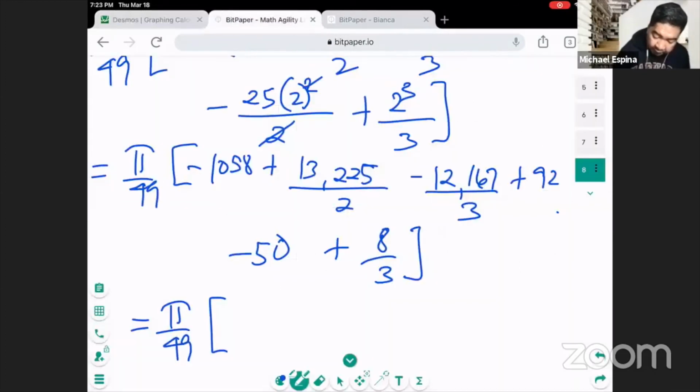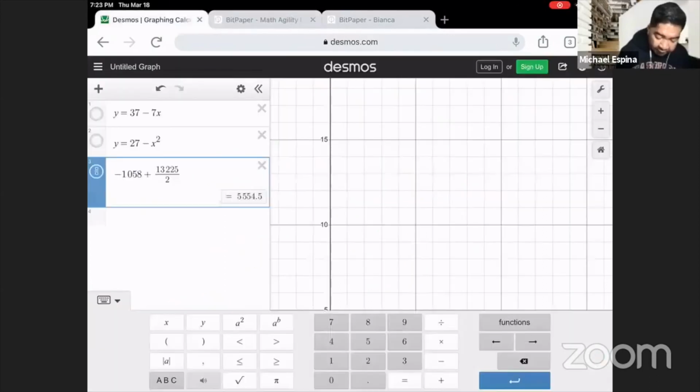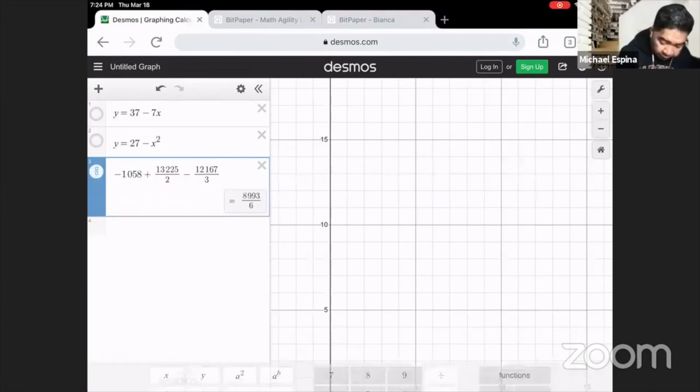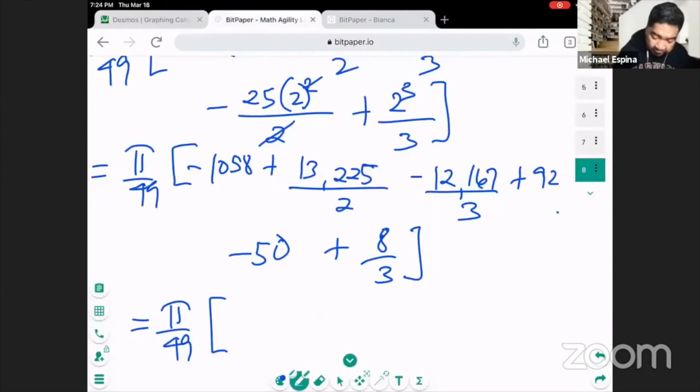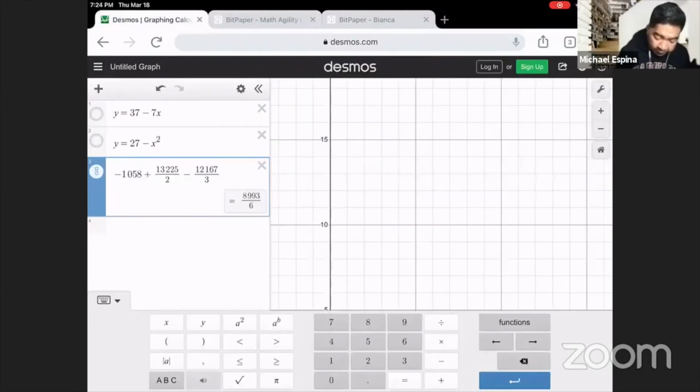And then next is minus 12,167 divided by 3, plus 92 minus 50.